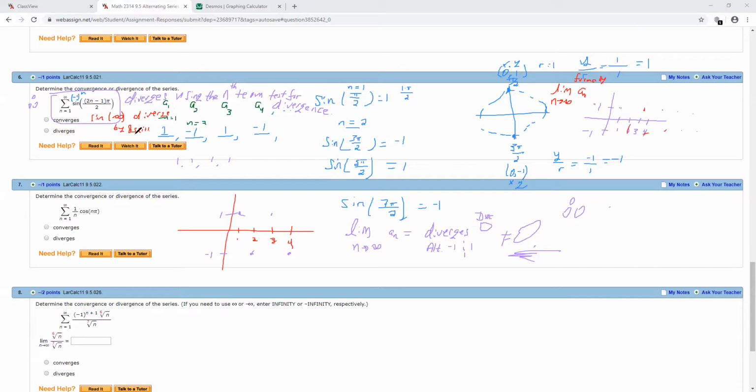So if you look at the first step, the individual terms are alternating from 1 to -1, so there's no chance that they're getting closer to 0, which means there's no chance when you add them up forever that they could converge. So you're done by the nth term test for divergence, and that's sort of visually.